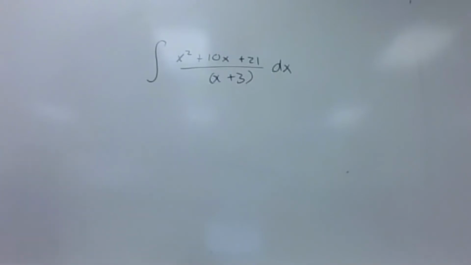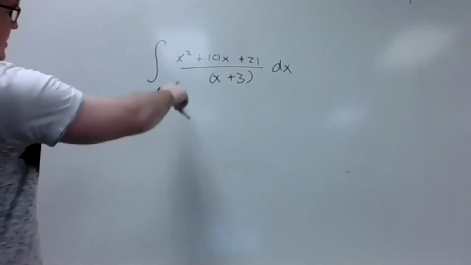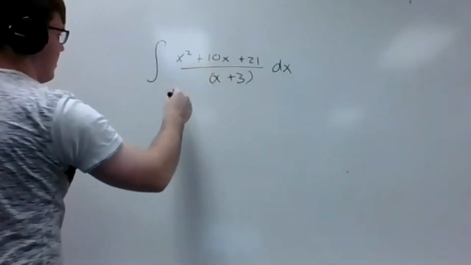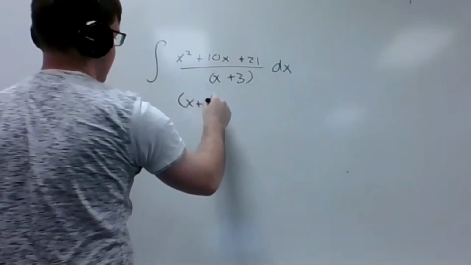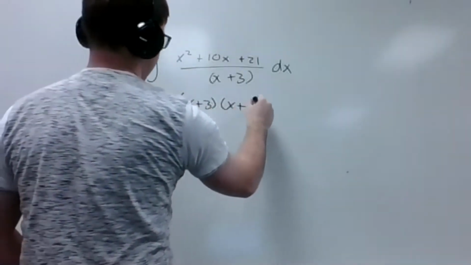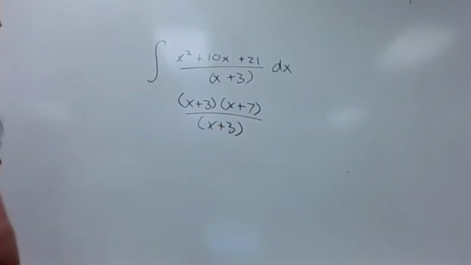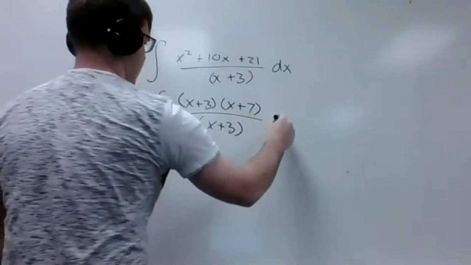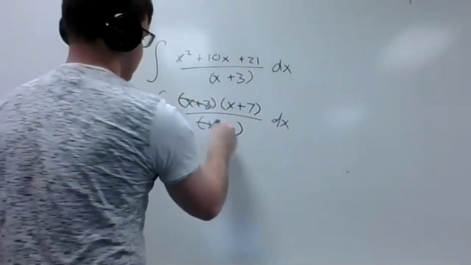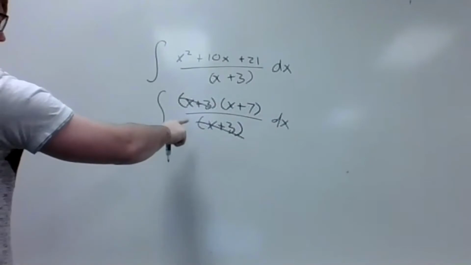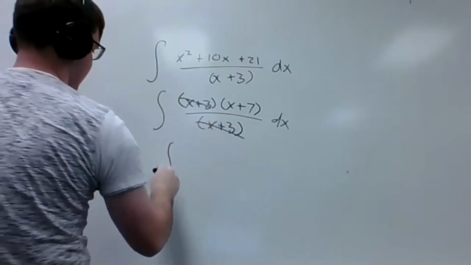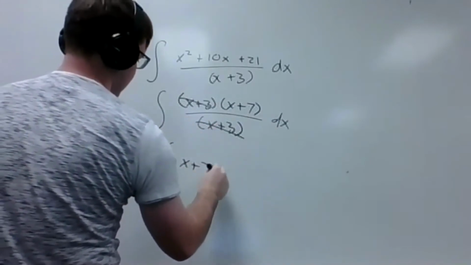But if we look at this, we can factor this top one into this x plus 3 times x plus 7 over x plus 3. And then this becomes a really simple problem. Because we can just cancel out our x plus 3 in the top and the bottom, and then we're left with the integral of x plus 7.